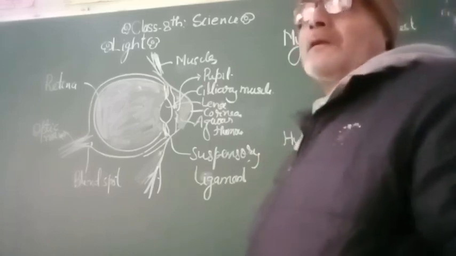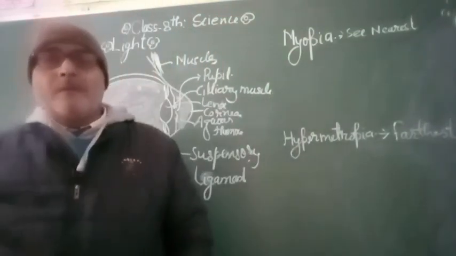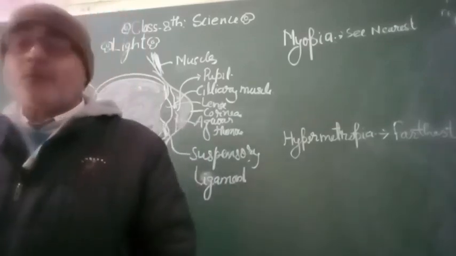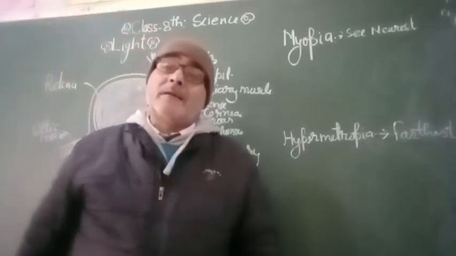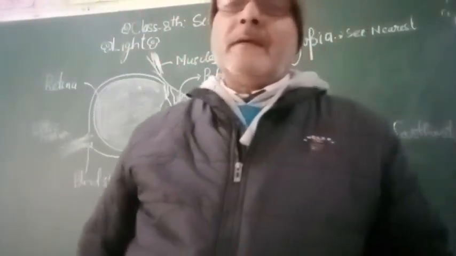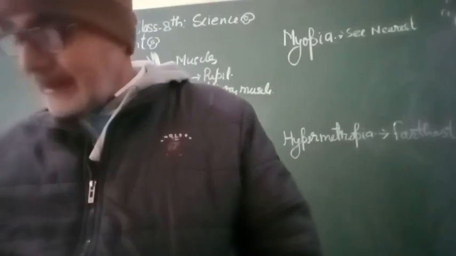The person can see only the farthest object, and that is known as hypermetropia. So how does the correction of the myopic eye happen, and how does the correction of the hypermetropic eye happen? Let us discuss in this diagram.